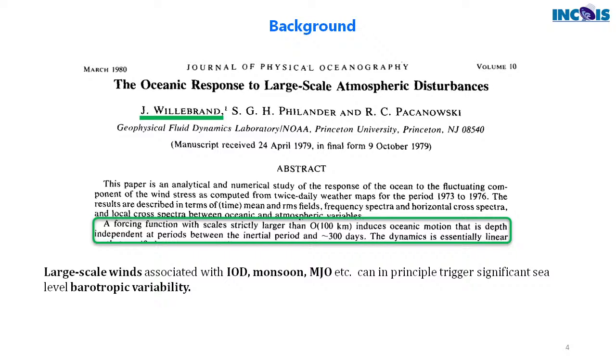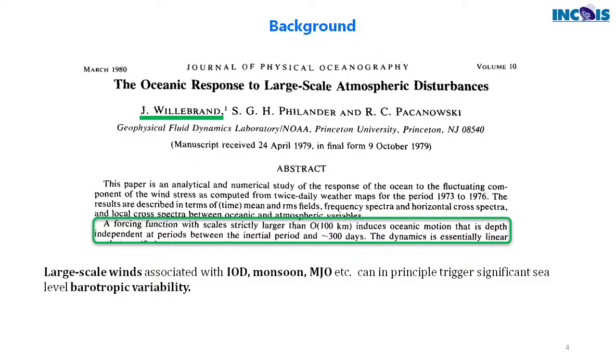But 40 years ago, Willebrand, in one of his works in JPO, Journal of Physical Oceanography, talked about the possibility of the generation of depth-independent motions in the ocean, that is barotropic motions, forced by atmospheric disturbances larger than 100 kilometers in spatial scale.